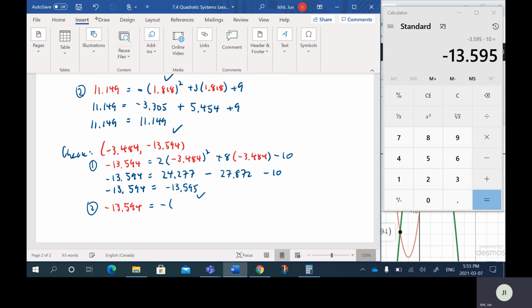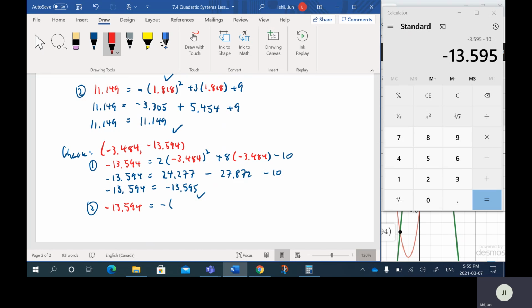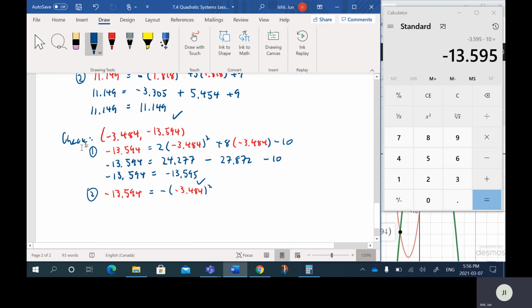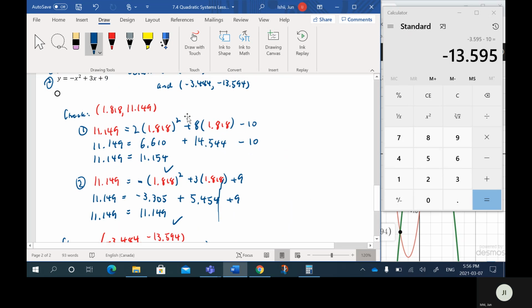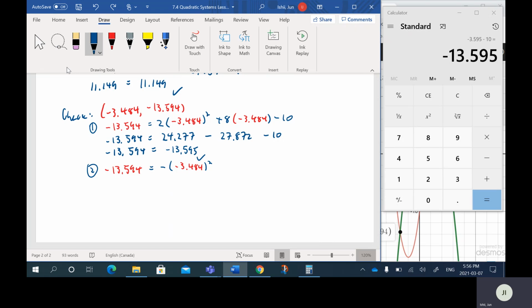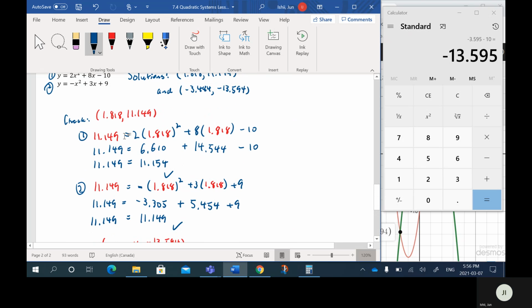So negative x, which is negative 3.484 squared, plus 3x plus 9. So plus 3 times x, negative 3.484, plus 9.